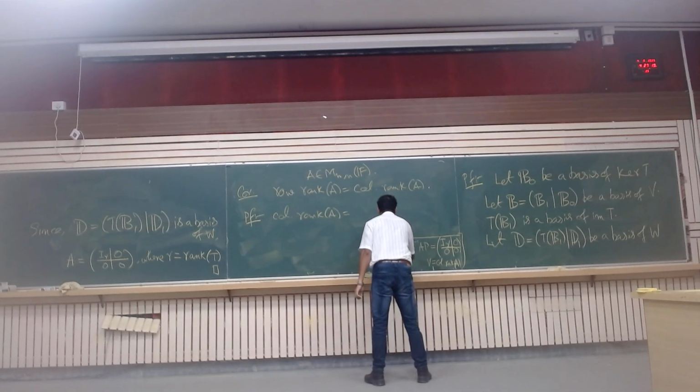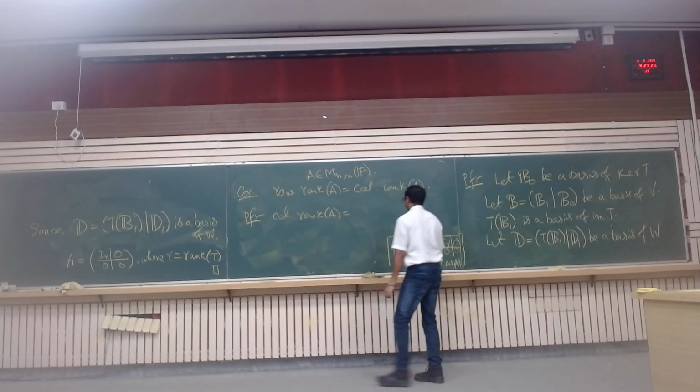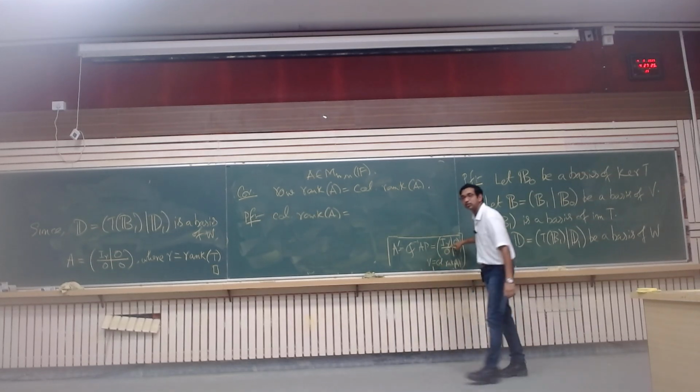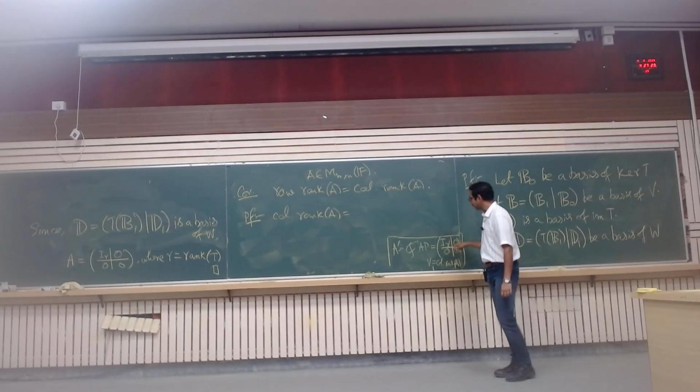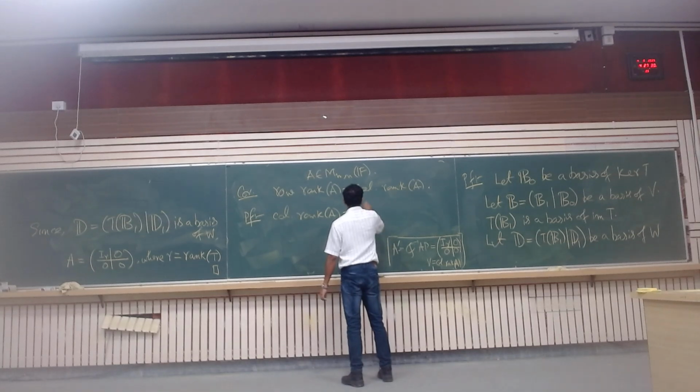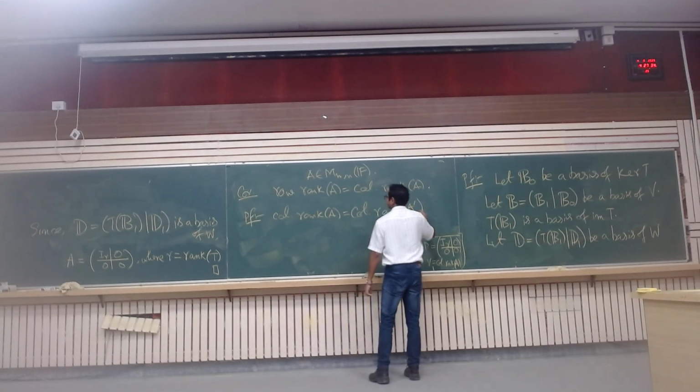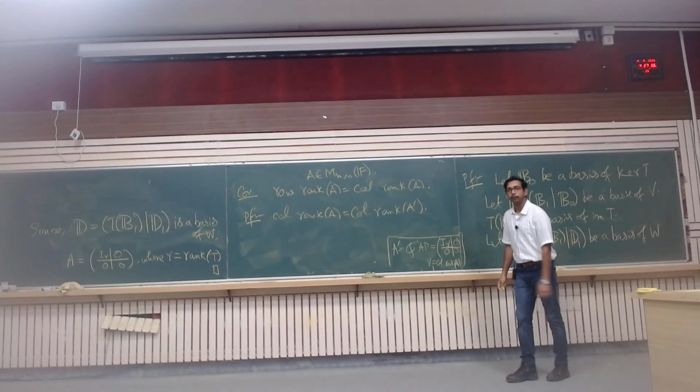Okay. So column rank of A, we know that this is equal to this R, which is also the column rank of A dash, right?